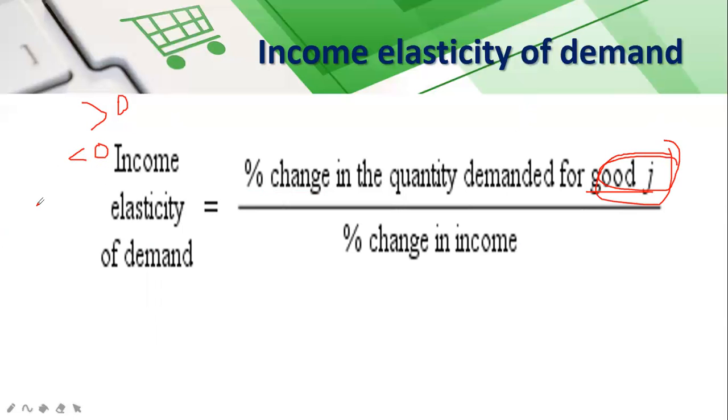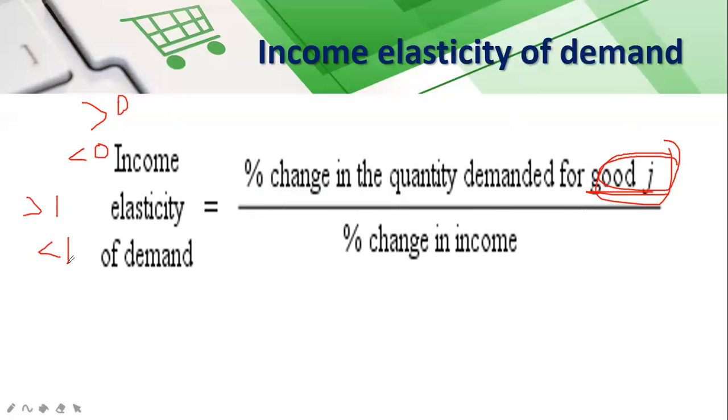Next is when the income elasticity is greater than 1. It means this is a luxury good. Good J is a luxury good, meaning we buy it only when we have a large income. Next, we also have lesser than 1.